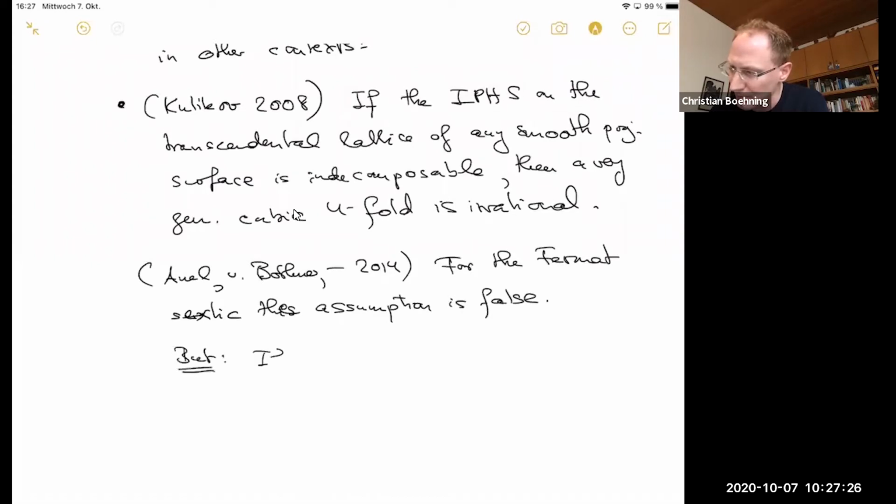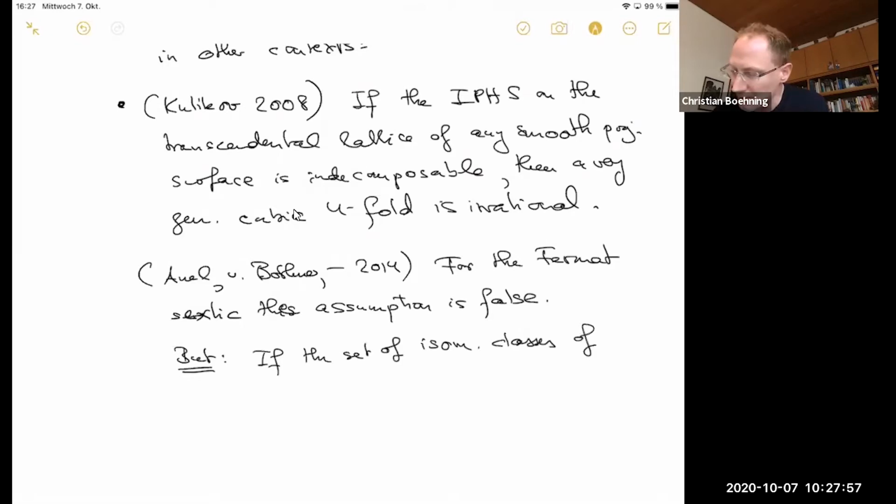If one could prove that the set of isomorphism classes of smooth projective surfaces with integral polarized Hodge structures on their transcendental lattice decomposable was countable, then irrationality of a very general cubic fourfold would still follow. So somehow, if one could prove that this cannot happen in, say, families or something like that.